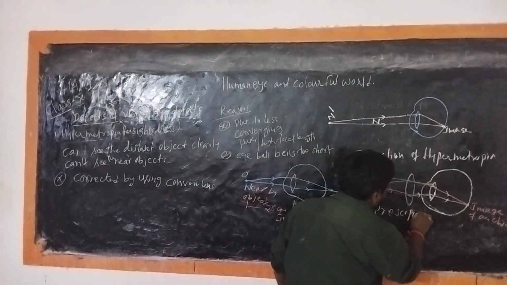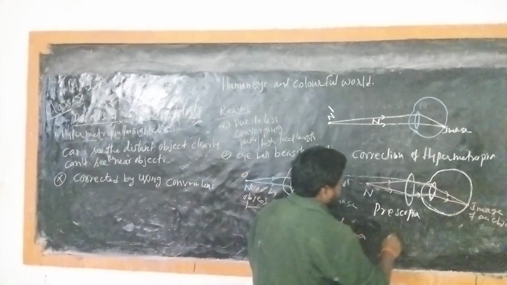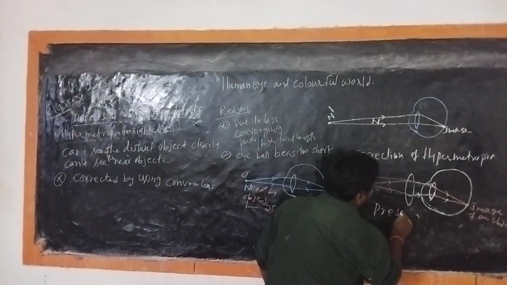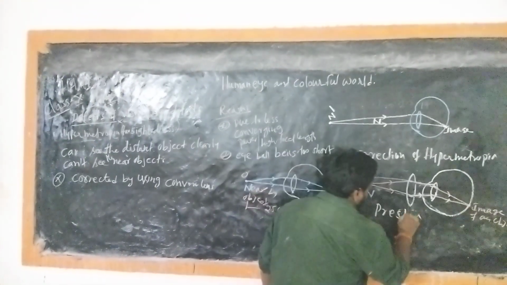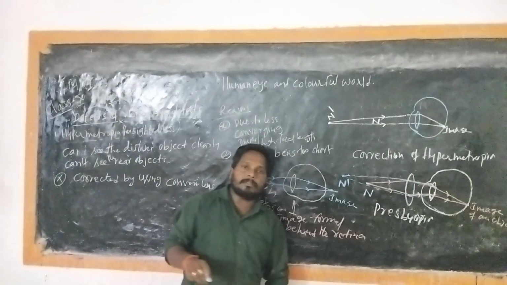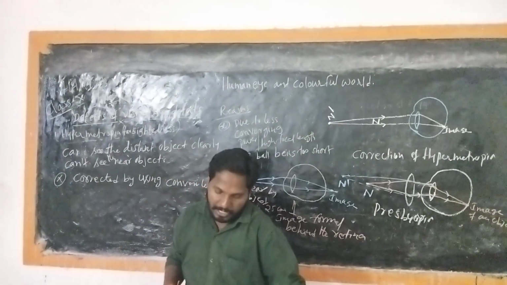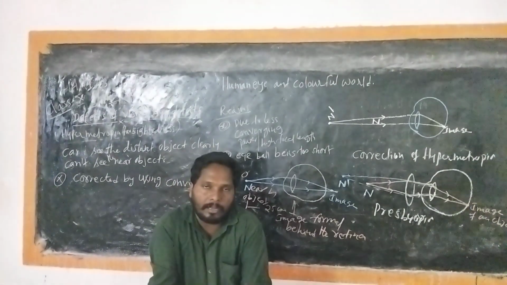Presbyopia is an eye defect suffered by old people because of loss of power of accommodation.